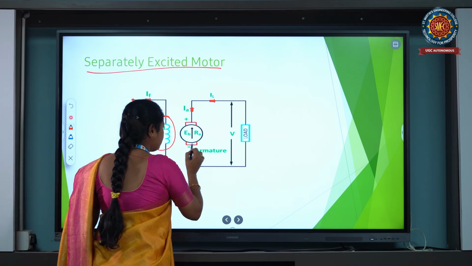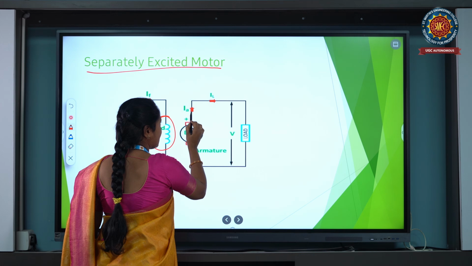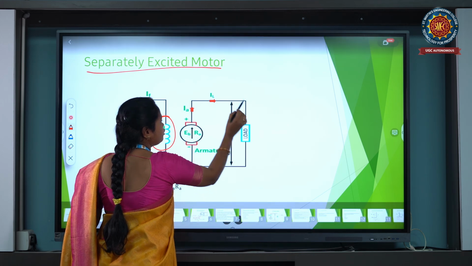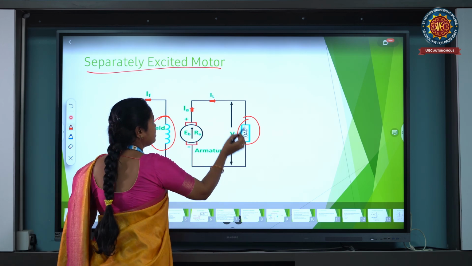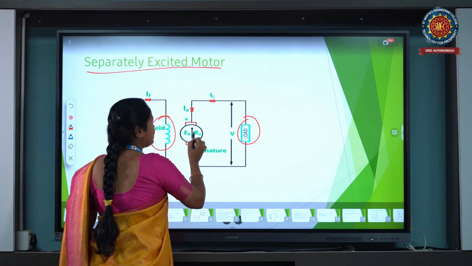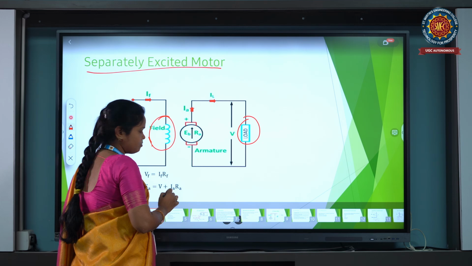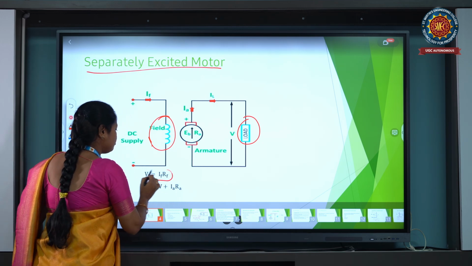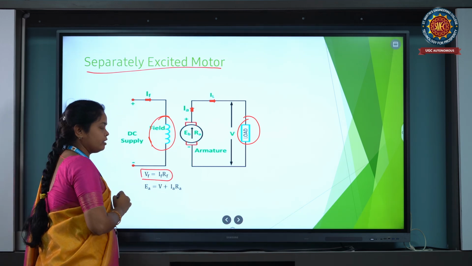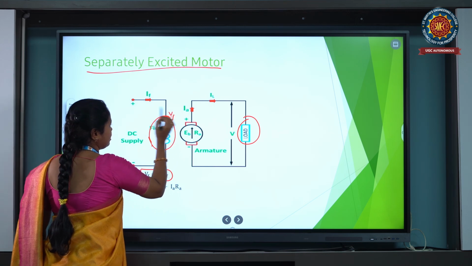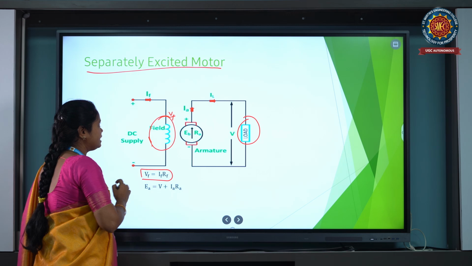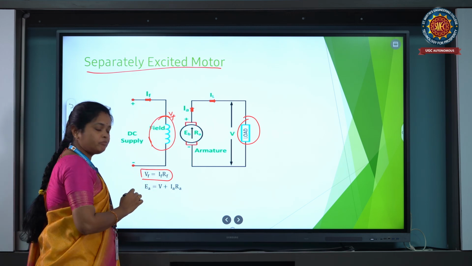The armature carries the current IA flowing towards the load. This is the output. So the load current is IL and the armature current is IA. VF is the field voltage and IF is the field current.